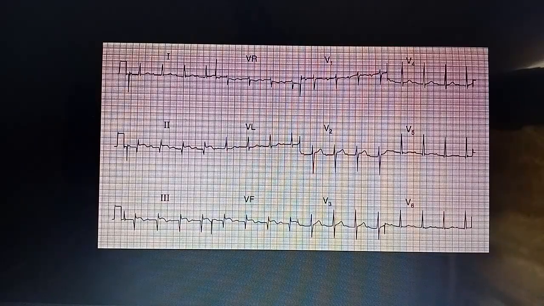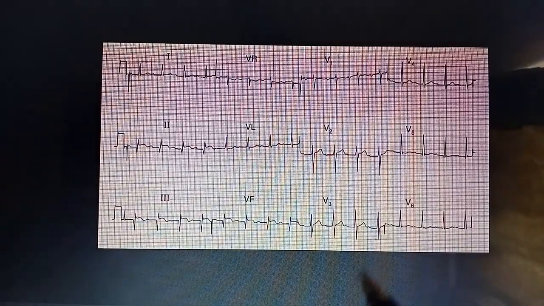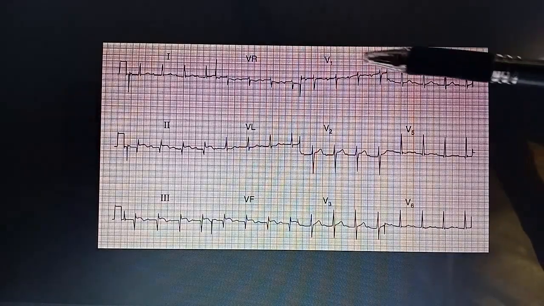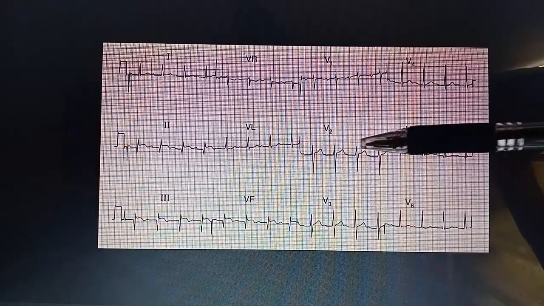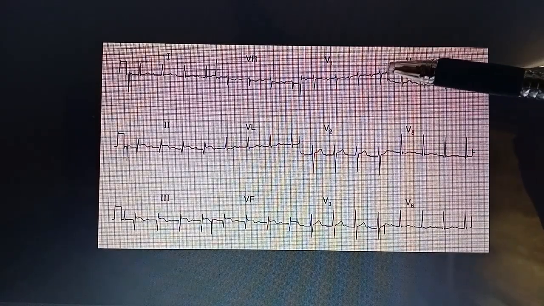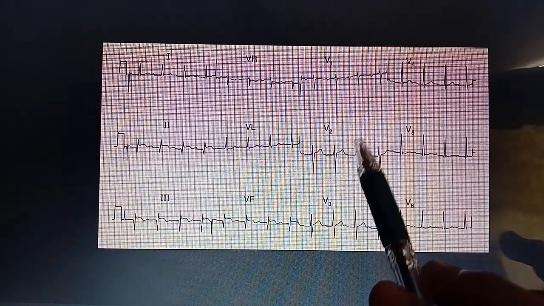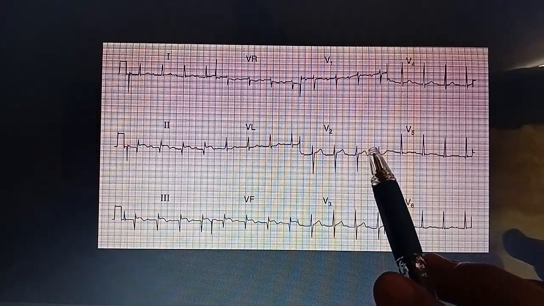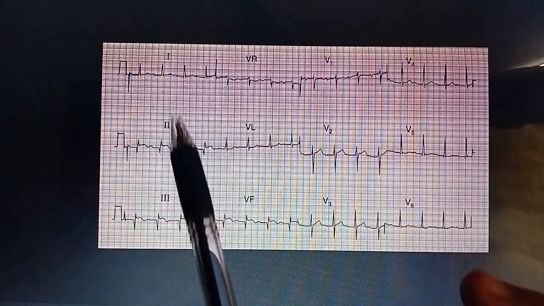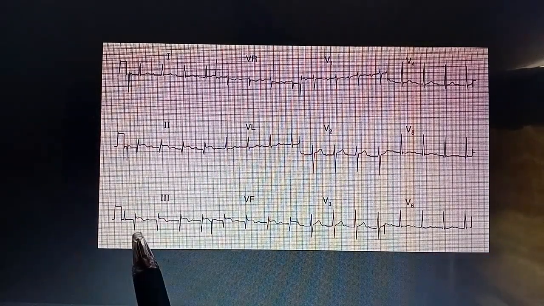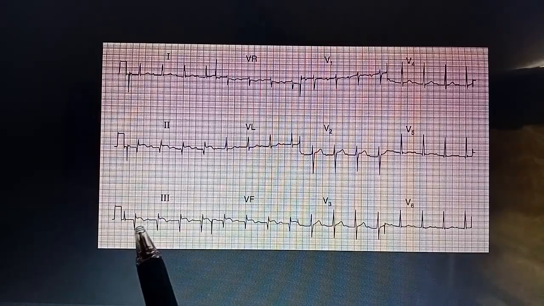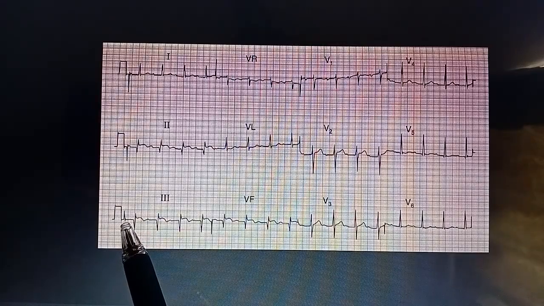Now we have another case of ECG. As you can see, first we are going to see the chest leads V1, V2, and V3, and there are no significant changes. In V2 there is a slight ST elevation. In lead 2 there is ST elevation, and in lead 3 there is also ST elevation. As you can see, this is the isoelectric line, and the ST segment is elevated.